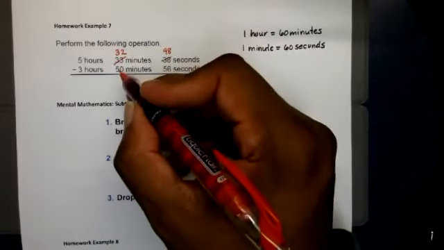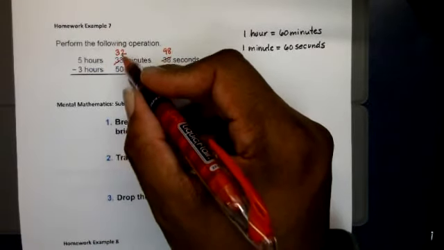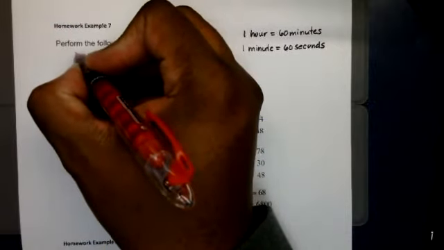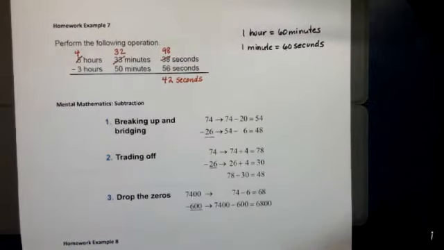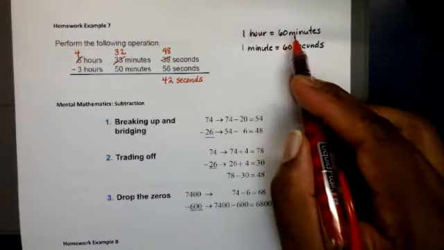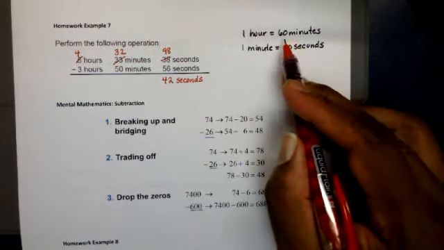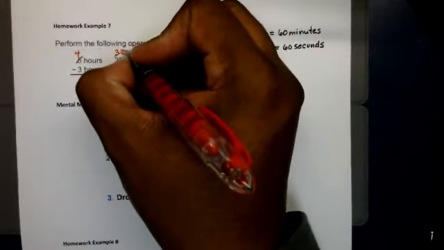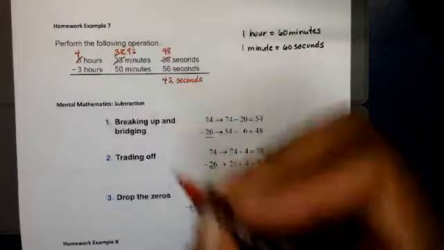Now, unfortunately, I'm not going to be able to subtract 50 minutes from 32 minutes. So now we have to trade one of the hours. In 5 hours, I'll be left with 4 hours. Now, of course, 1 hour converts to 60 minutes. So I add this 60 minutes to the 32 minutes I already have. That'd be 92 minutes.